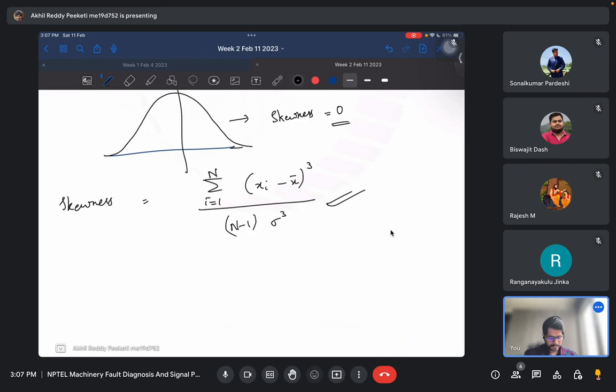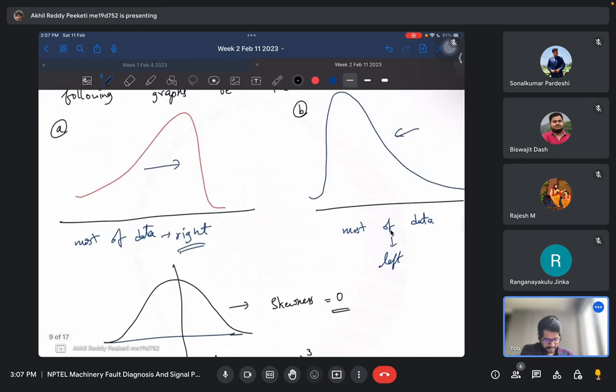Now, if you see, this graph looks symmetric, right? But these two are not symmetric, so they will have non-zero skewness values.